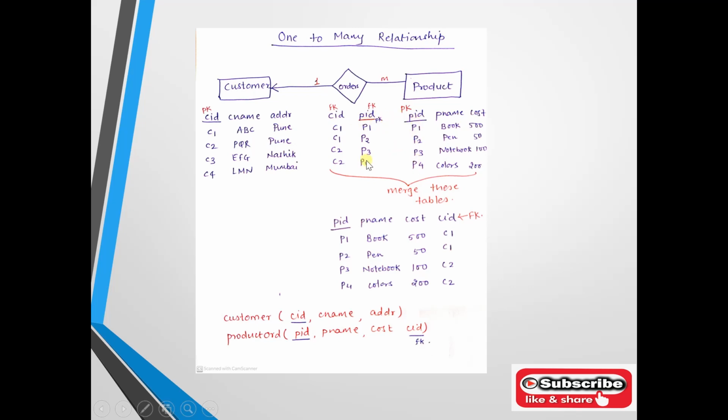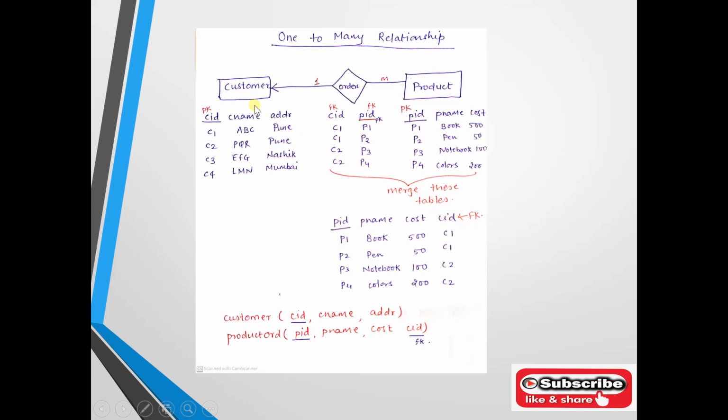So there is no need to take it again. So simply we will consider PID, PNAME, cost, and CID. So when we merge these two tables, we will have a single table which will contain PID, PNAME, cost, and CID, wherein CID will act as a foreign key.